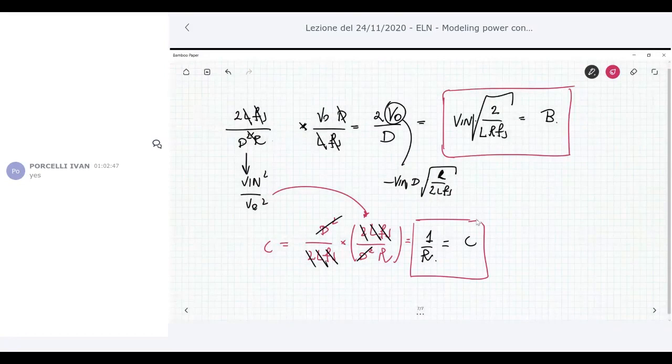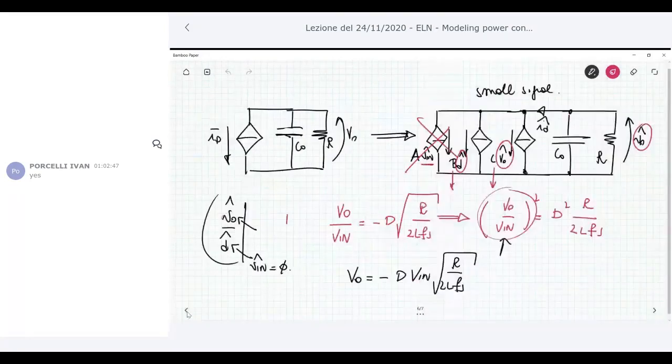Okay, the coefficient A is not of interest in deriving the transfer function V naught over D. B and C are of interest, okay? So the coefficient C in particular says that this is the same as 1 over R. So you can replace C with 1 over R. So as you can see here, you have a current source, whose current is V naught over R, okay?